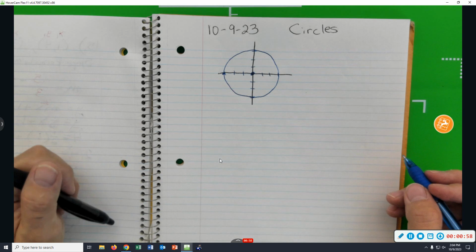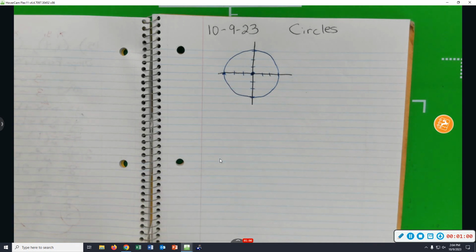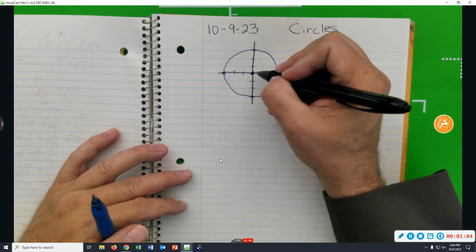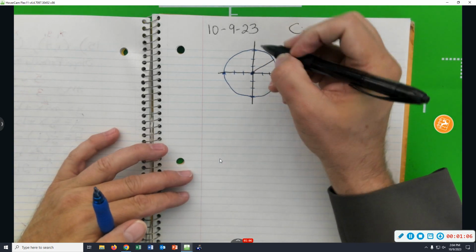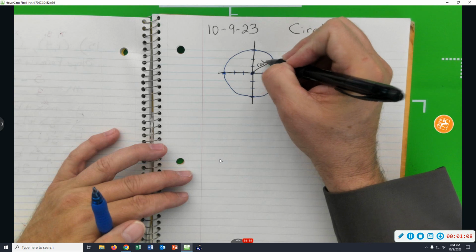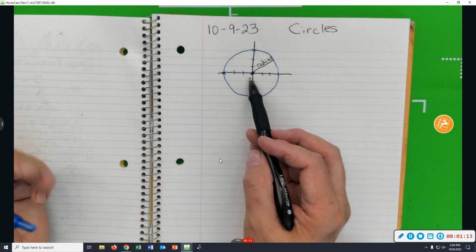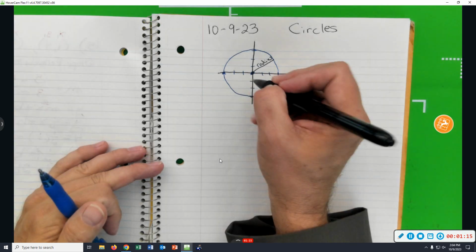Well, that's sort of a lopsided looking circle. And that equal distance all the way around is called the radius. So that distance right there is the radius. And in this example that I wrote, the circle is centered at the origin 0, 0.